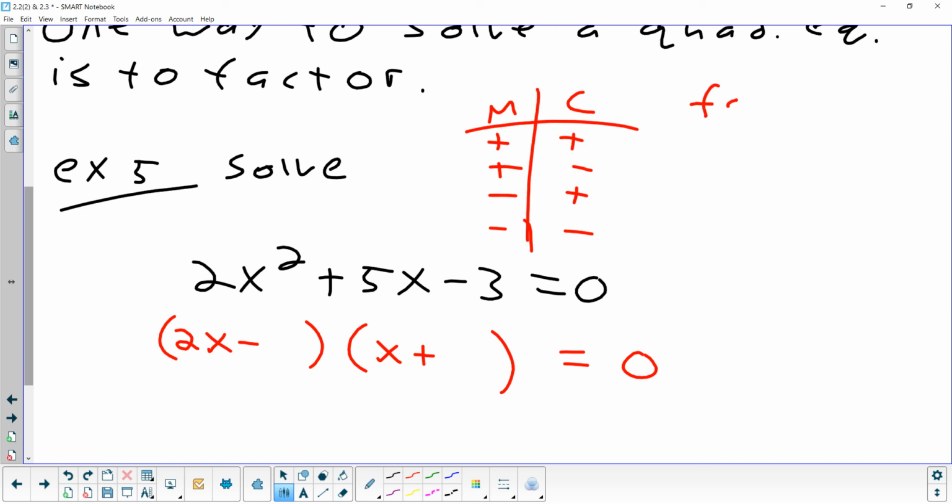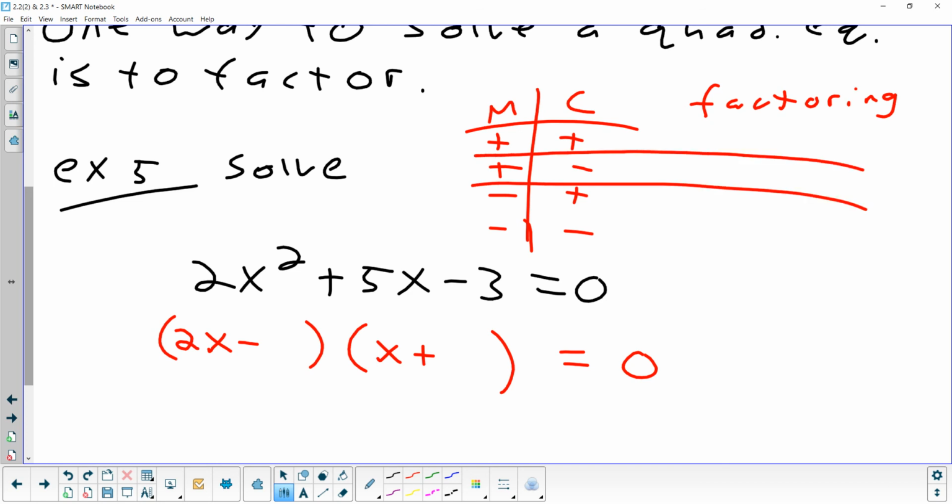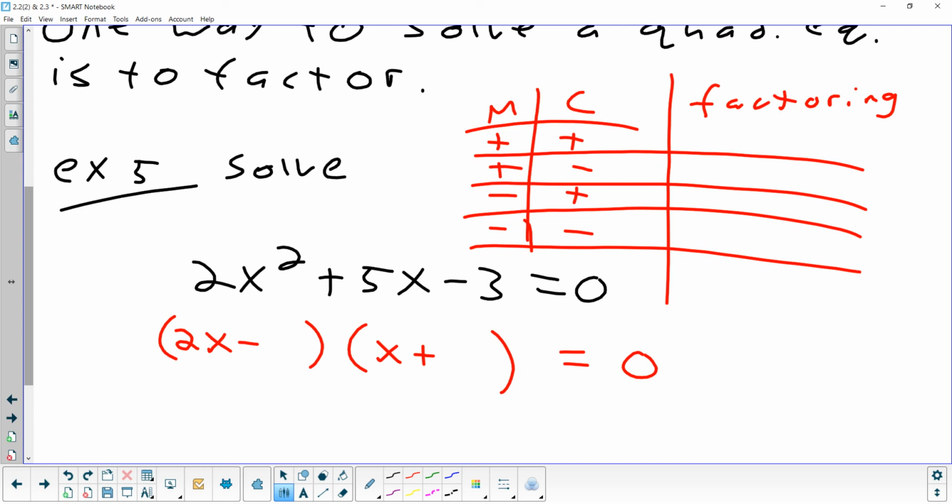So then when you're factoring, if it was a plus and a plus in the original problem, you would want two pluses. If it was a plus and a minus, that's what we have here, you would want one of each, not necessarily in that order, but one of each. A minus and a plus.